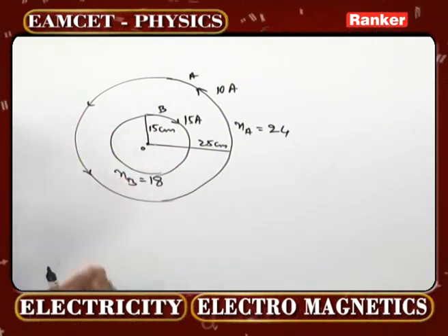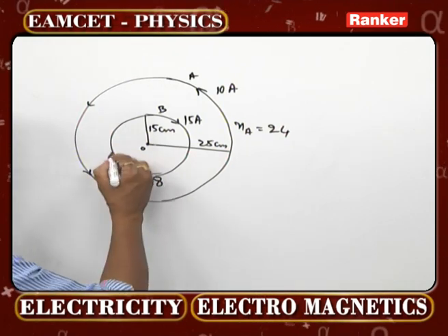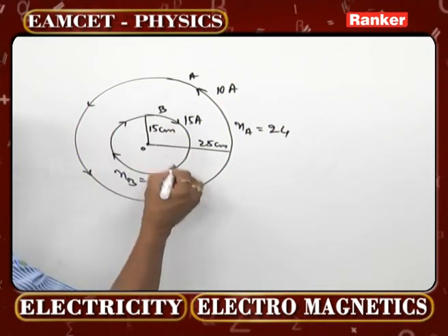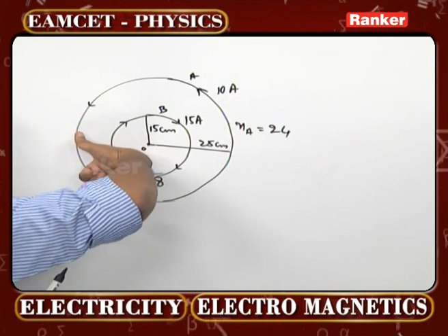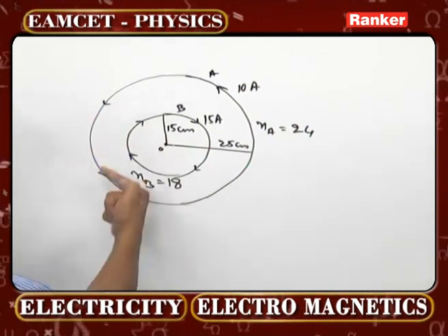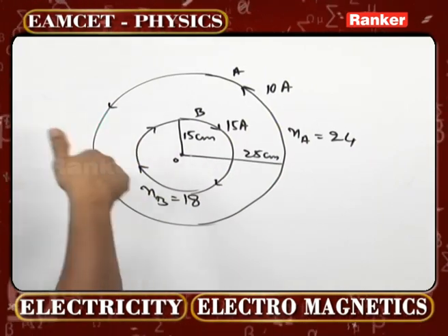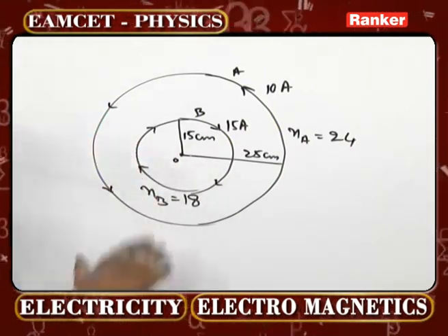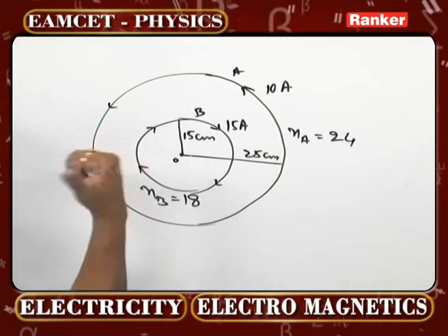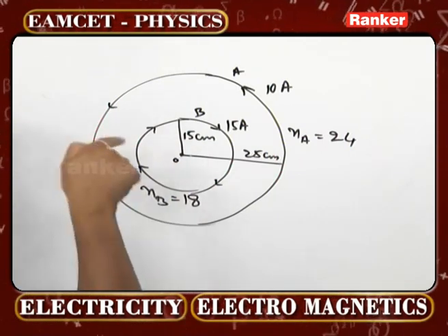Identify the direction carefully. For the second one, the direction of current is clockwise like this. If I put my right hand thumb along the direction of current again, the magnetic field at point O is into the board. That means due to A it is outside the board, due to B it is into the board.